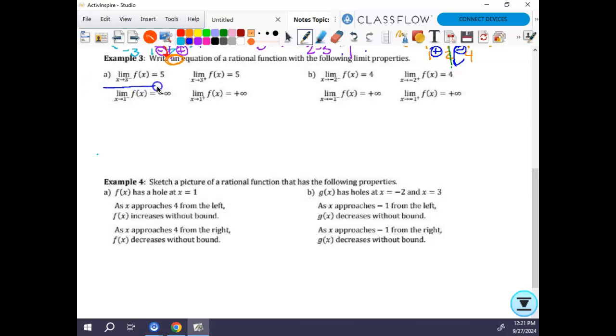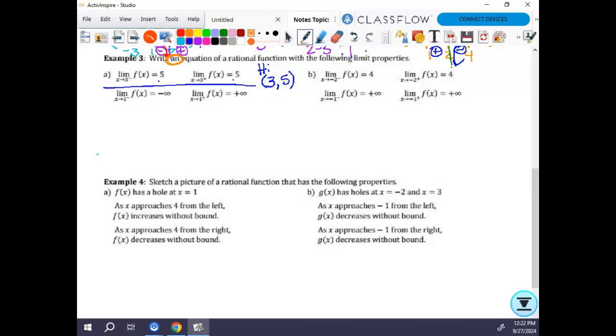All right, so I've got the limit as x approaches 3 from the left and the right, and I get 5 both times. Okay? So just by knowing that information, that tells me that my graph has a what? A hole. Okay? It has a hole, and what is the x value of the hole? 3, and what is the y value? 5. Okay?